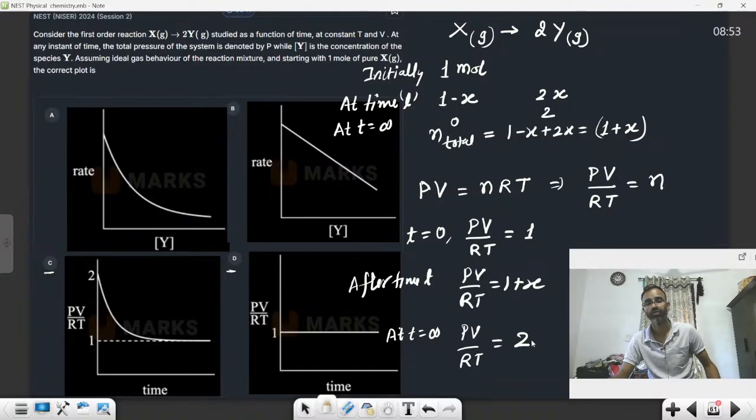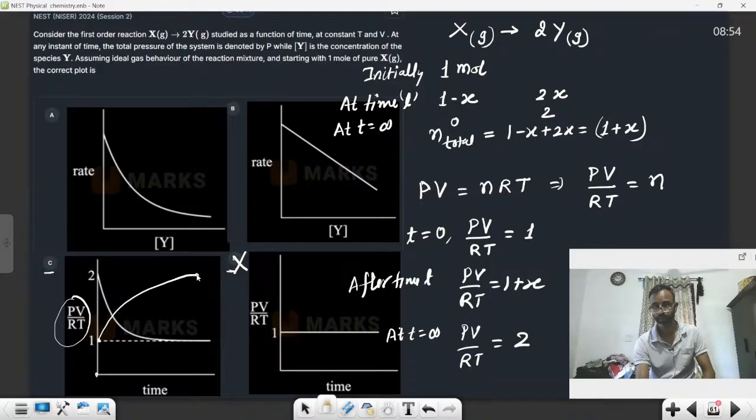So now tell me, D plot is not correct. Why? Because with time, PV upon RT does not change, PV upon RT stays 1. That is not true. Now come to C. PV upon RT, initially it should be 1, and as the time progresses, it increases and touches 2.